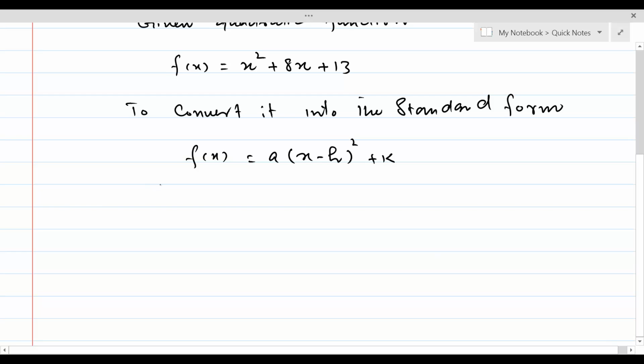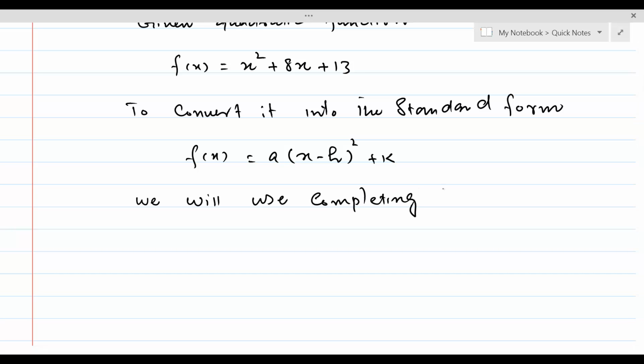We are going to use the completing the square method.